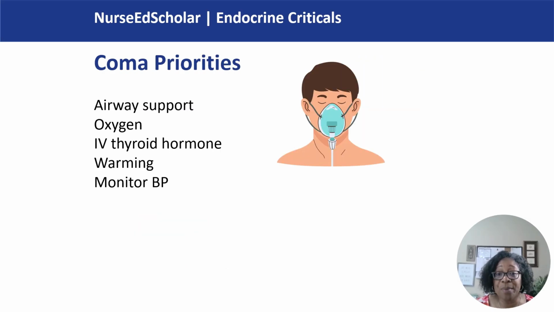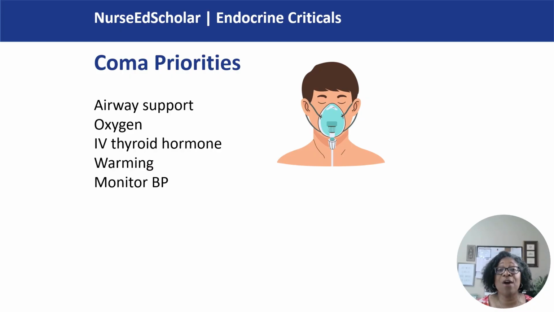With myxedema coma, the biggest thing is airway and breathing support. We're going to even look at aspiration precautions. Remember, the metabolism is slowing down, the body is shutting down. The patient may need oxygen, possibly even ventilation.